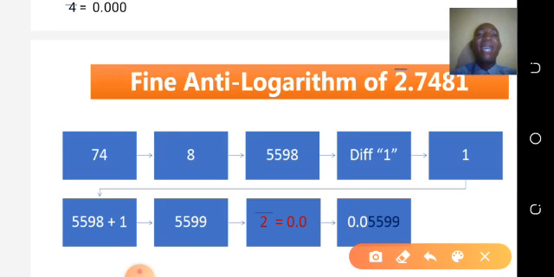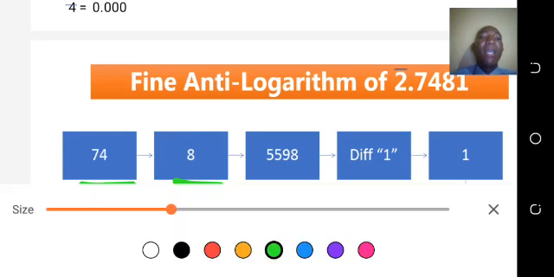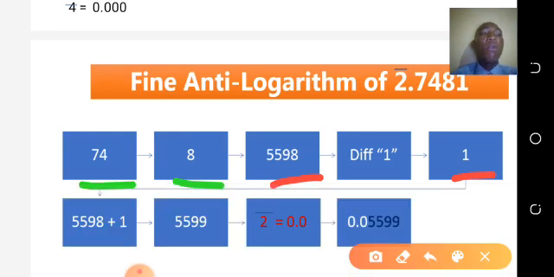If you look at it here, 74 under 8 from your anti-logarithm table gives us this, isn't it? Difference of 1 will give us 1. And when we add 1 to 5598, it's going to give us 5599.